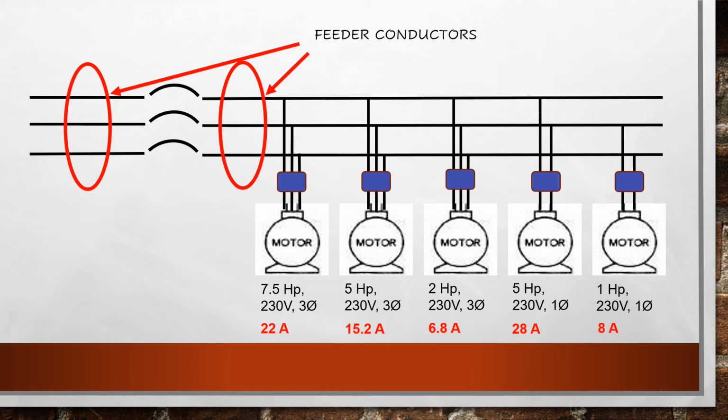And 1 horsepower, 8 amperes, single phase. So now, what is the highest rated motor? As per the code, the highest rated motor is not the 7.5 horsepower. It does not depend on the horsepower, but on the current, the FLC that the motor has.